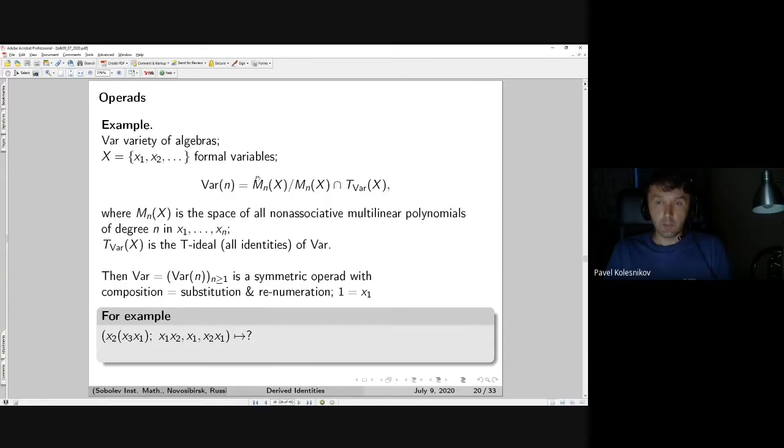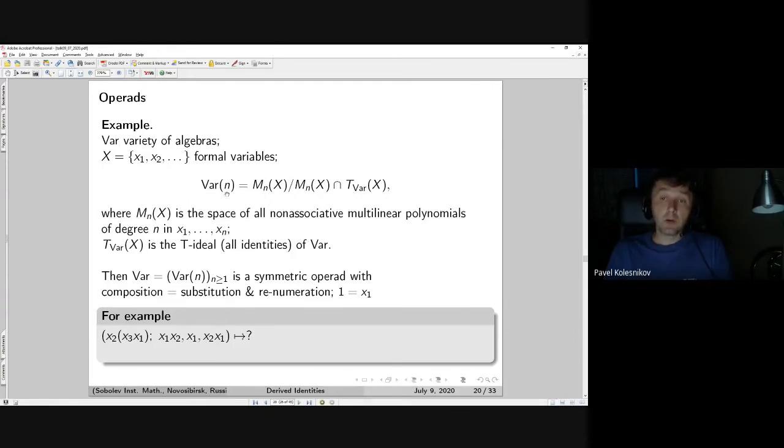So every polynomial from M_n of x would depend exactly on x1, ..., xn, degree 1 in each variable. And let us consider the quotient of the corresponding space, the quotient by the intersection of the magmatic space with the ideal of identities defining the variety Var.